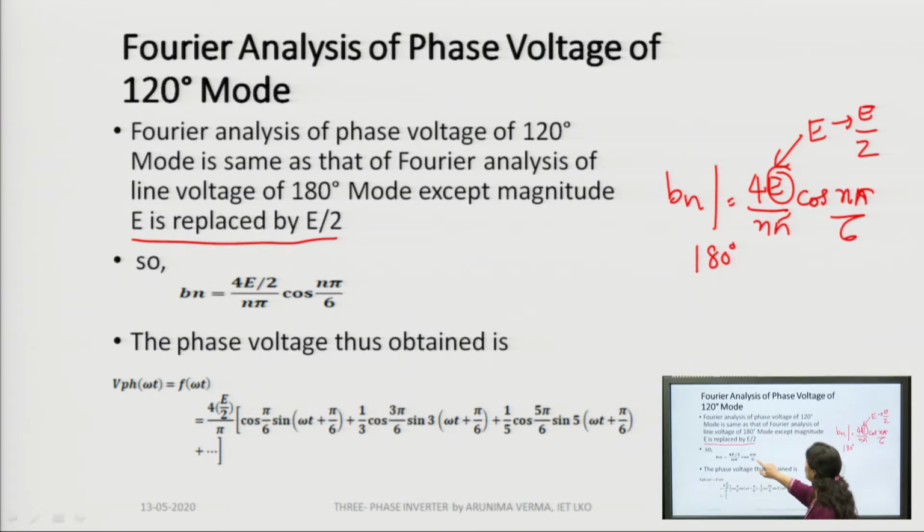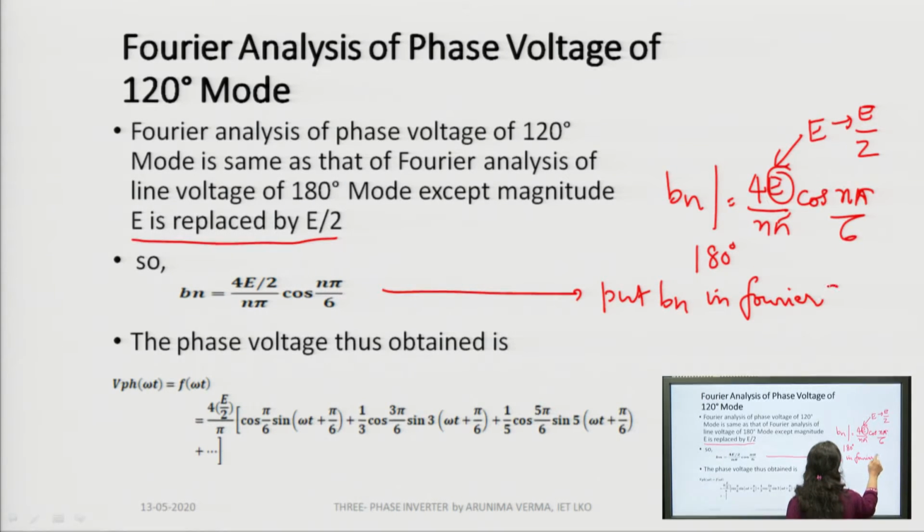Now, the phase voltage thus obtained in this case is, once you have calculated Bn, you are going to put this Bn in the Fourier series. Now, if you put Bn in the Fourier series, you will get Vph of theta, because here we are calculating phase voltage, not the line voltage.